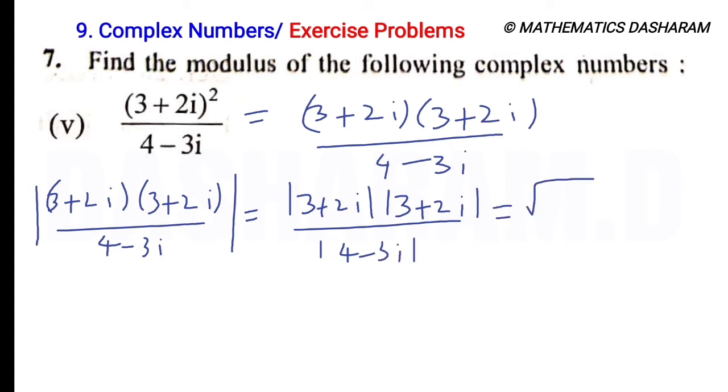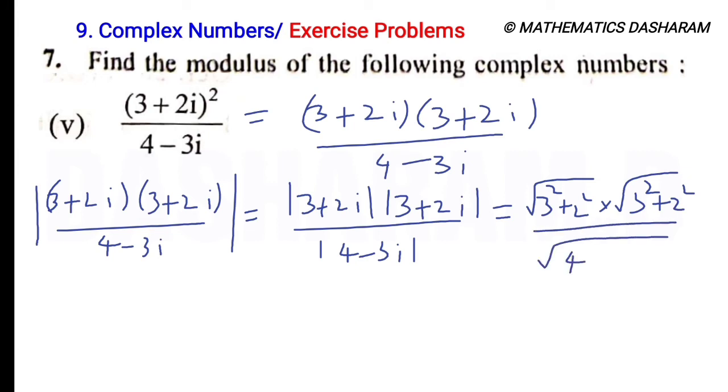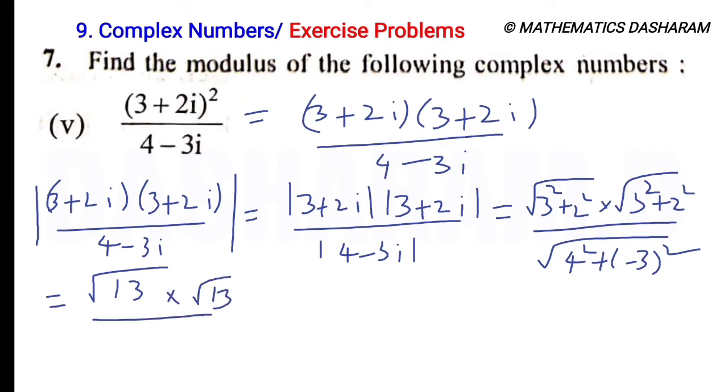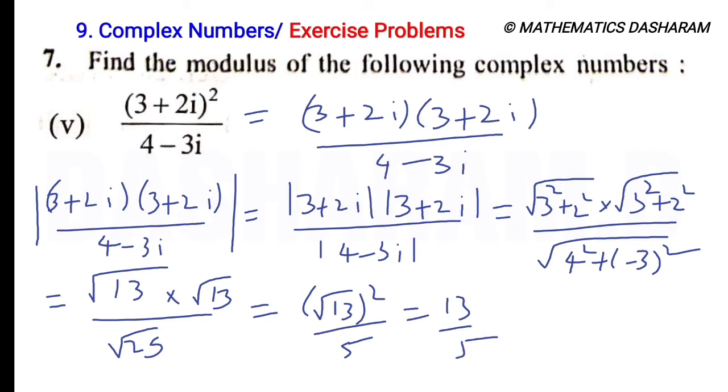So under root 3 square plus 2 square, again under root 3 square plus 2 square, by under root 4 square plus minus 3 whole square. 3 square 9, 2 square 4, 13, again root 13, 4 square 16 and 3 square 9, so it is root 25. Root 13 into root 13, and root 25 is 5, so 13 by 5 is the answer.